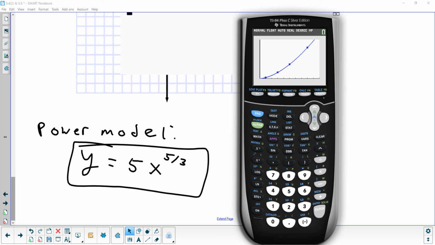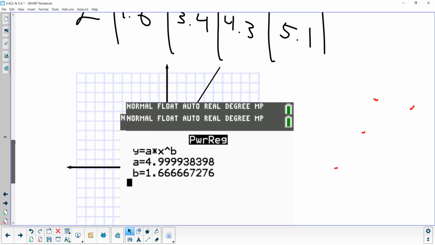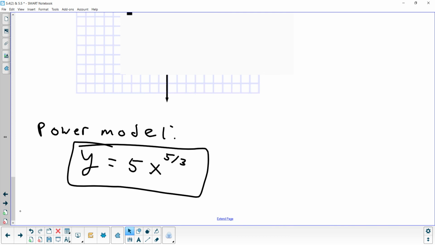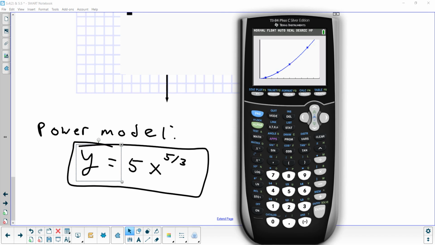Now from there, I could say to you something like, well, if x was 1.3, what would you expect y to be? Well, you have a formula now that you could plug 1.3 in for x, and you could solve for y. So that would be called interpolating, predicting a value between two that you already know.